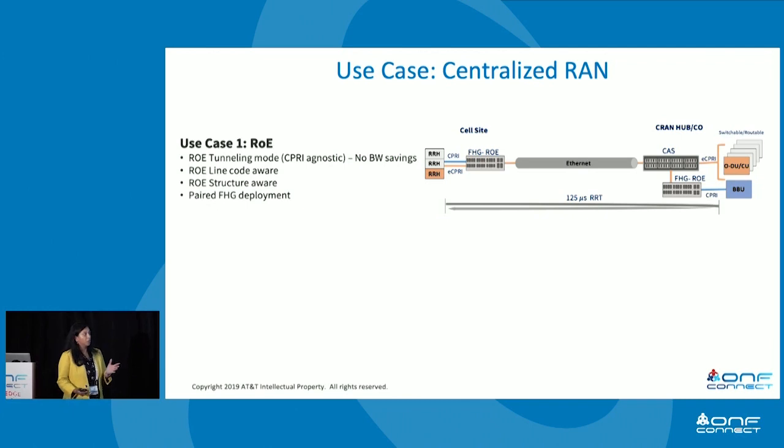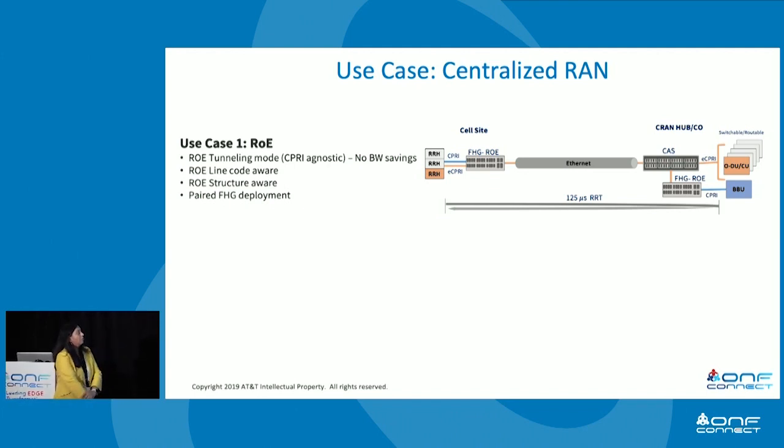Fiber itself, if you're looking at a 10-kilometer range, would be close to 100 microseconds. That leaves 25 for the hubs on the round trip, right? So for these switches, we're targeting a range of 3 to 4 microseconds latency. That's going to be the requirement on the switching latency.